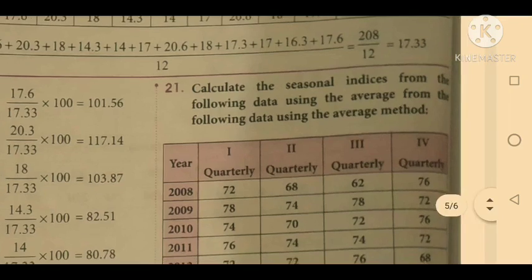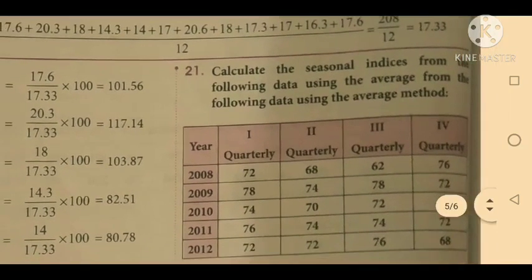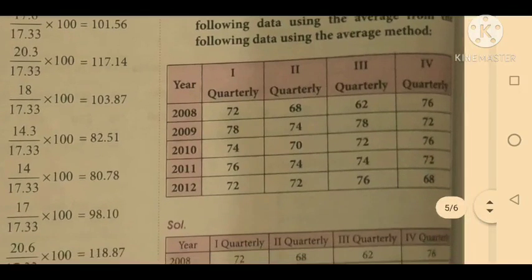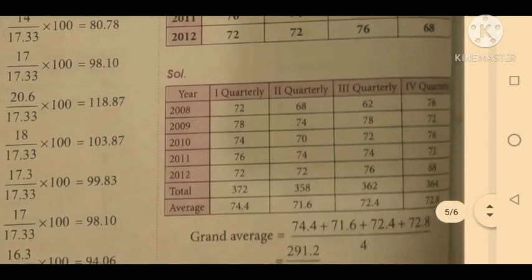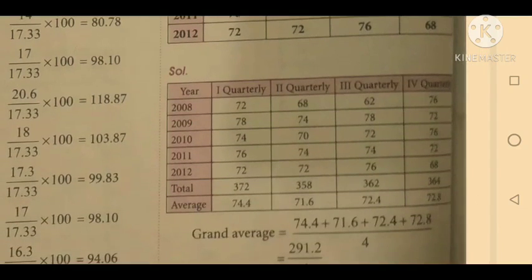Then calculate the seasonal indices from the following data using the average method. Here years are given and the first quarter, second quarter, third quarter and fourth quarters are given. Okay. So first find out the total of each quarter and find the average of each quarter by dividing it by how many years are there here? 5 years.